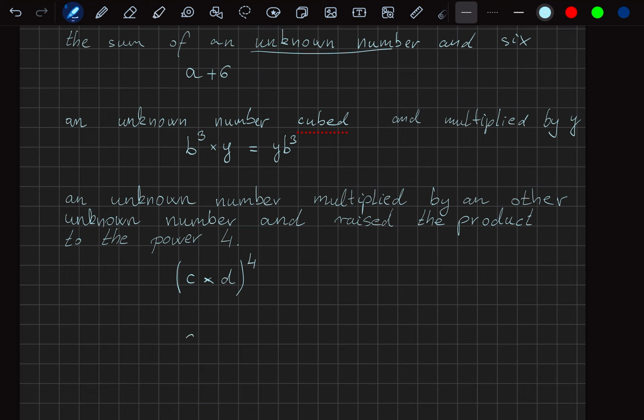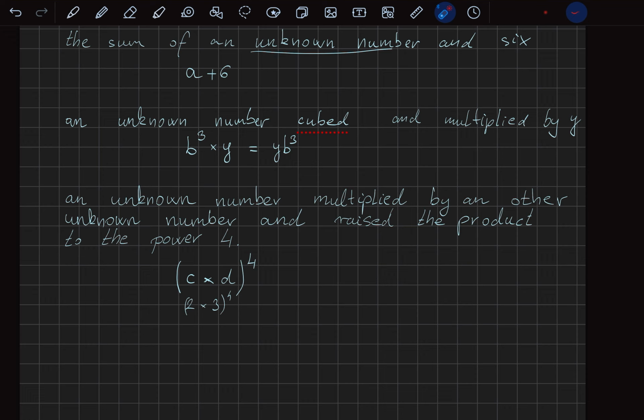Because if you just write C times D to the power 4, we multiply an unknown number by another unknown number to the power 4. It's a really big difference, because 2 times 3 to the power 4 or 2 times 3, all to the power 4, it's not the same. Also this is when we use different letters. If I use C times C, then they are similar. So use different letters.